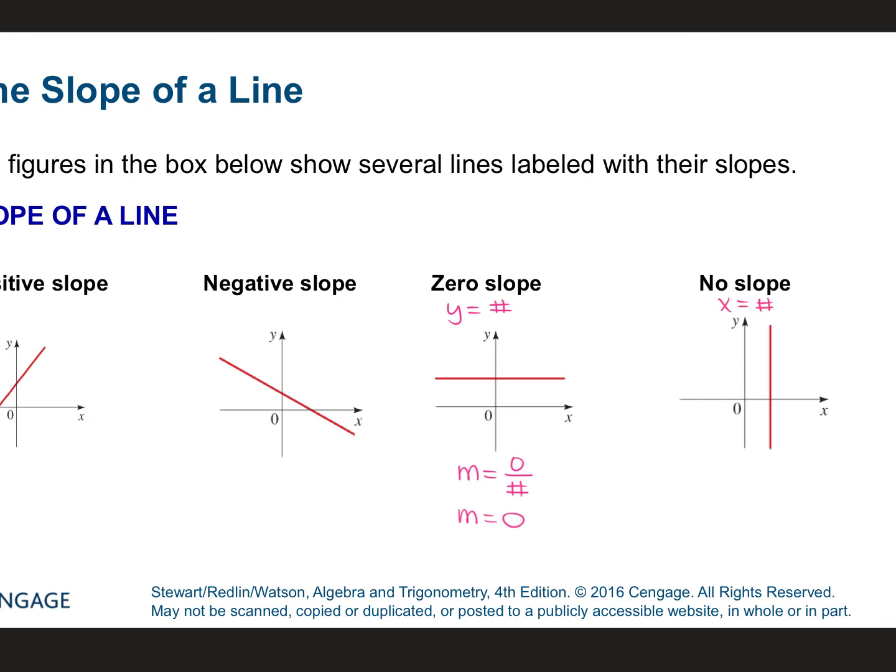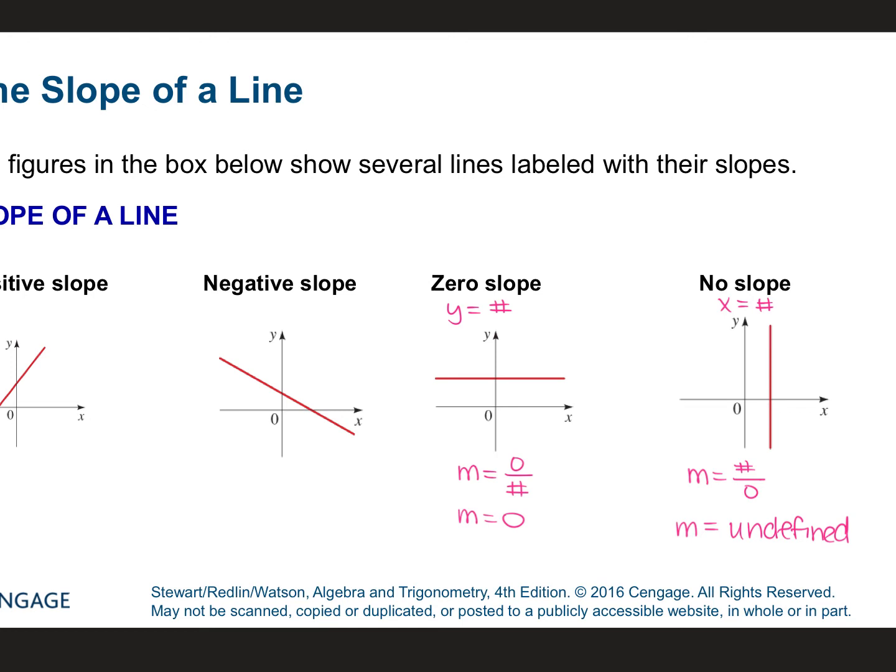For this one, your slope is going to be a number over 0. Whenever 0 is in the denominator, it's undefined. So slope is just undefined. You can also tell me that there is no slope for one like that.